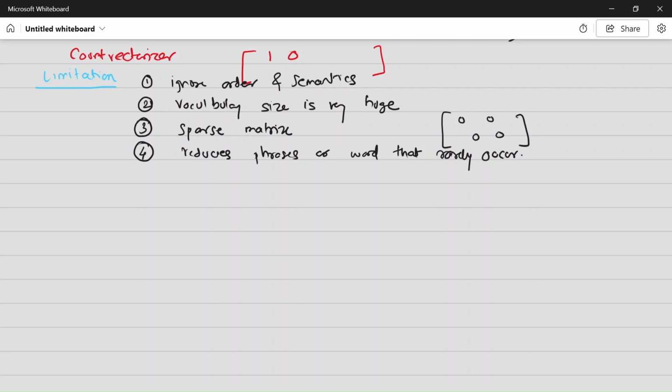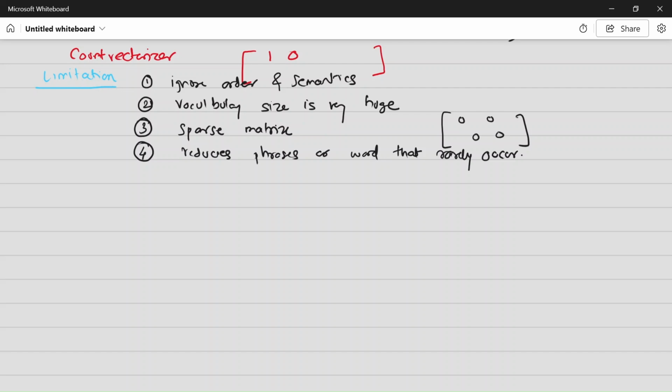Understood? So it reduces the phrases or the words that rarely occur. This is again one of the disadvantages of this count vectorizer.